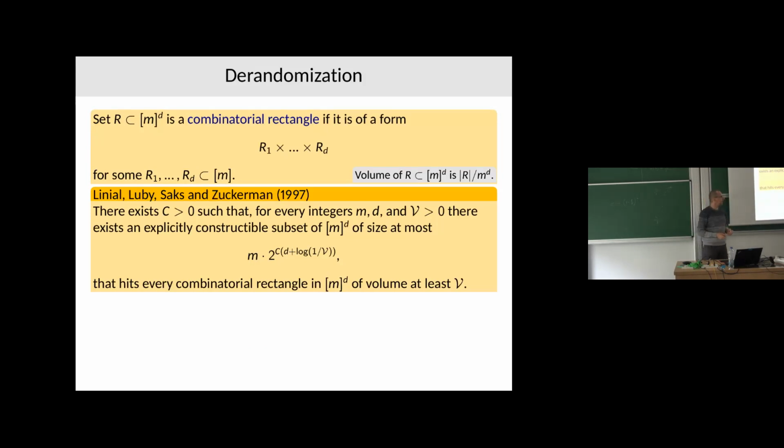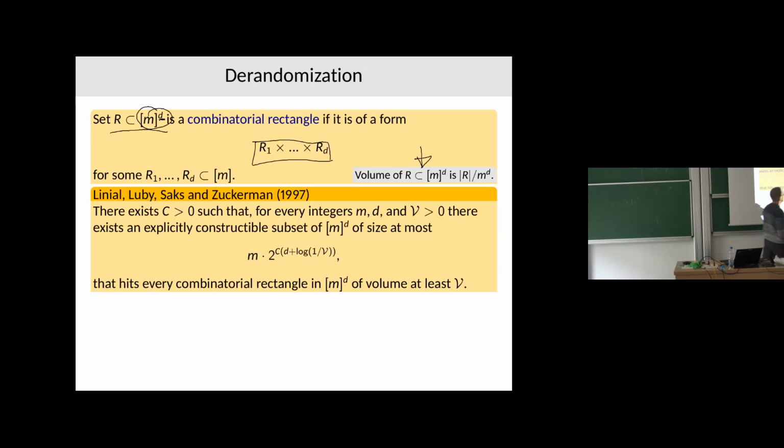They work on sequences of length d, of numbers from 1 to n. Okay, and in such a set of sequences, a combinatorial rectangle is just a Cartesian product of some subsets. All right. For such a rectangle, we can define its volume, like here, in a very natural way. It's normalized, right?